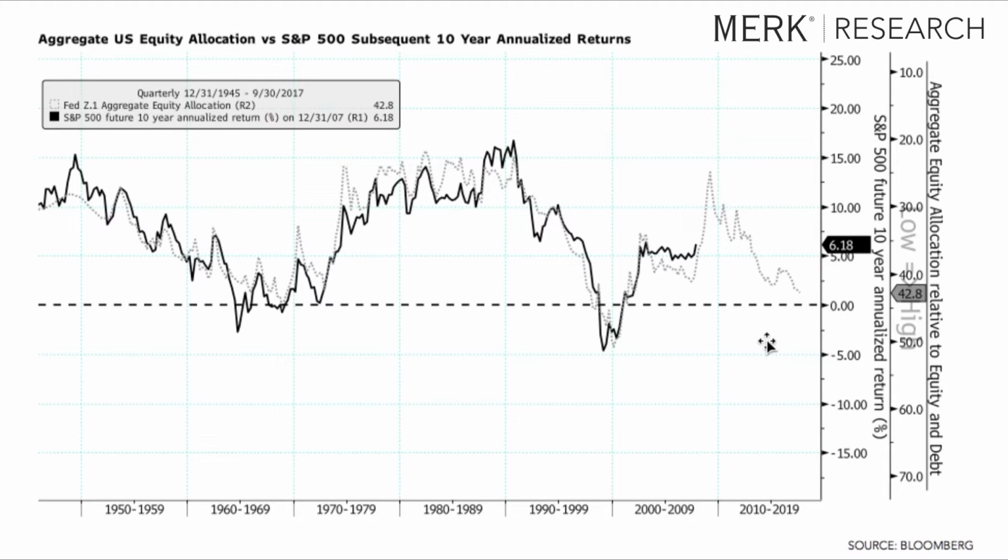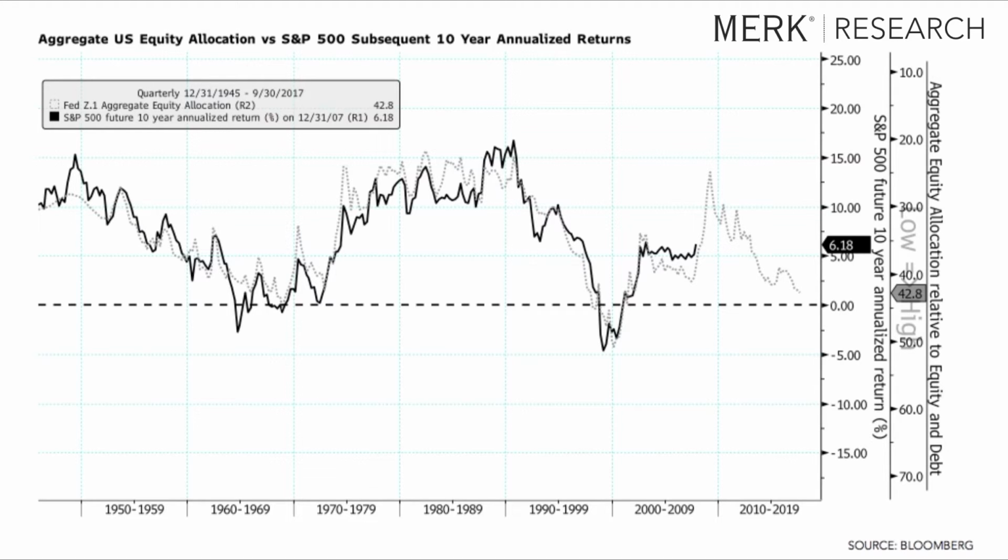Based on history, it suggests returns might be somewhere between negative 3% and plus 5% annualized. Now that's a wide range. Again, this is not meant to be a crystal ball, but the point is that it suggests that returns might be relatively low over the 10-year forward-looking period starting today. So I'm somewhat cautious on the 10-year outlook for U.S. equities at this particular moment in time from the current price levels.